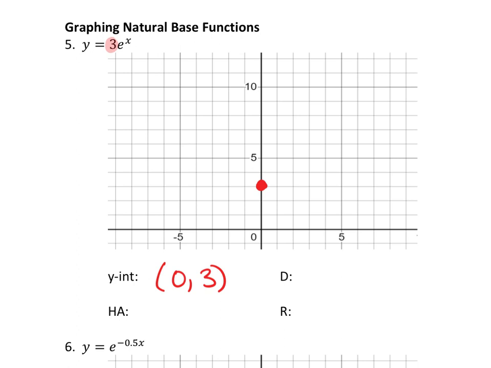Last class when we did this, we just multiplied by 2 or divided by 2, essentially to make our other coordinate points. But this is not easy because we're multiplying by e, and that's not really something we can do in our head. But it is something we can do in our calculator. Can everybody right now, in their calculator, type in 3e?